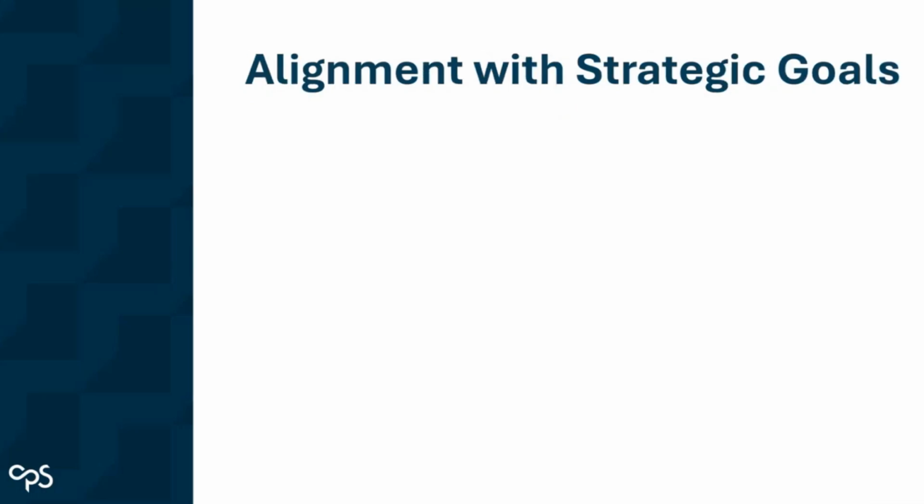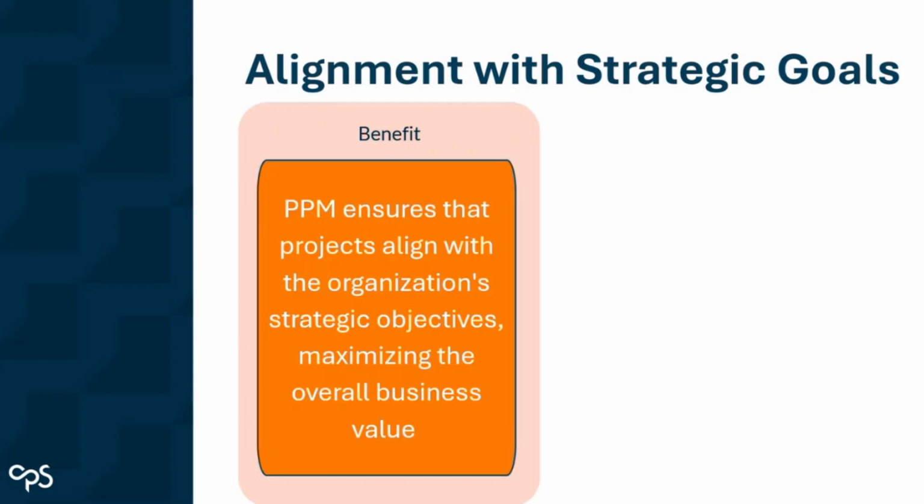Alignment with strategic goals or outcomes. If you've got a good PPM solution, you can align projects with what the organization wants to achieve. Do we make ice cream? No, we don't make ice cream. Well, why are we doing a project that is all about ice cream? Well, it's going to make us £1 million.